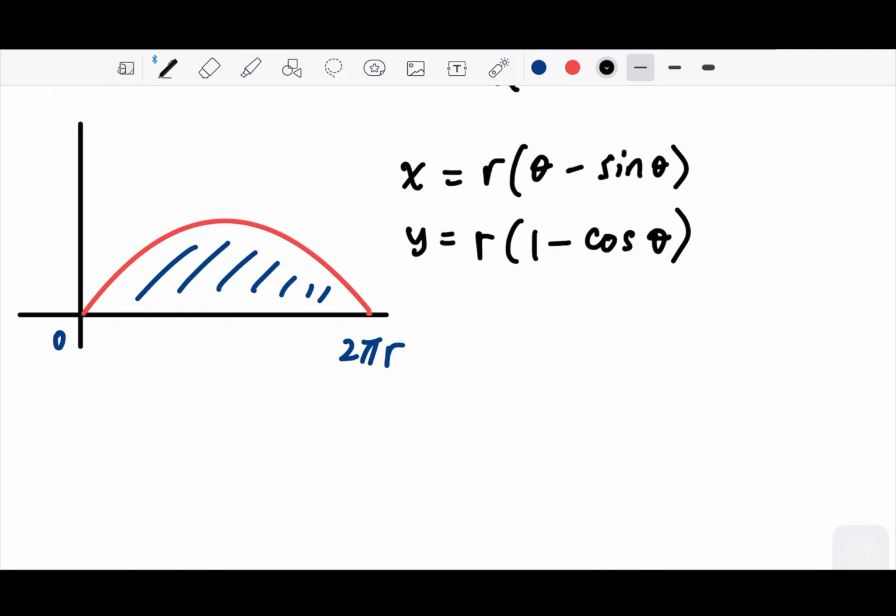So if you write roughly the integral, the area will be from 0 to 2 pi r of y dx.